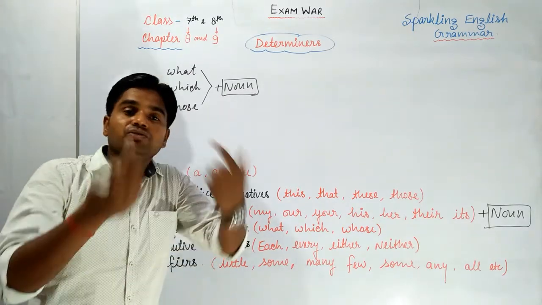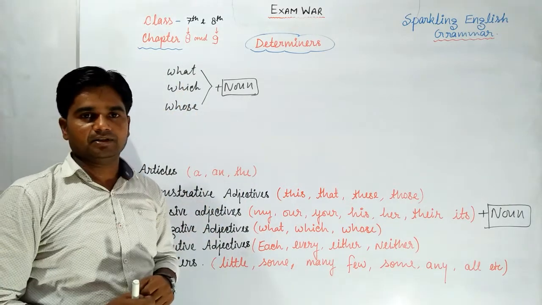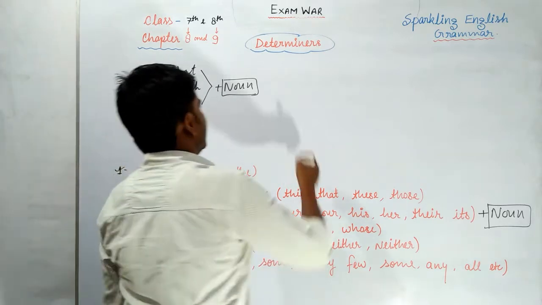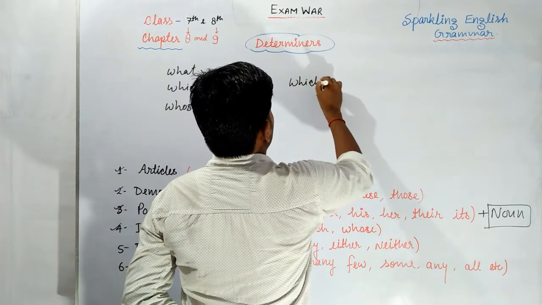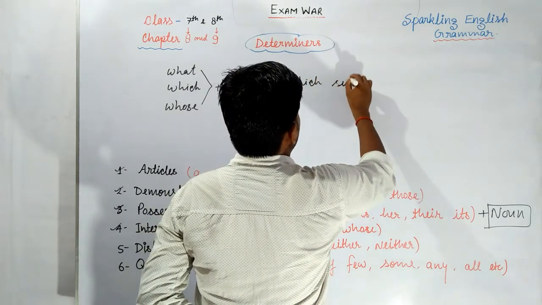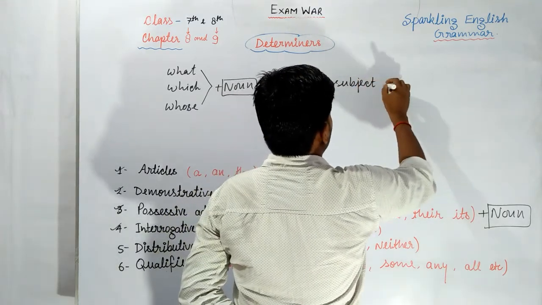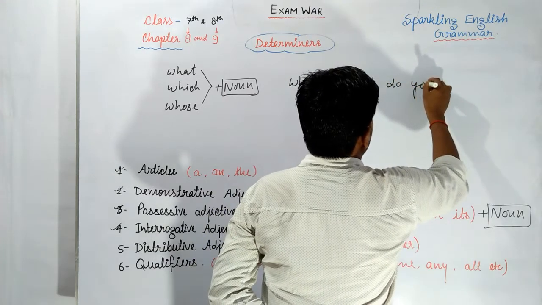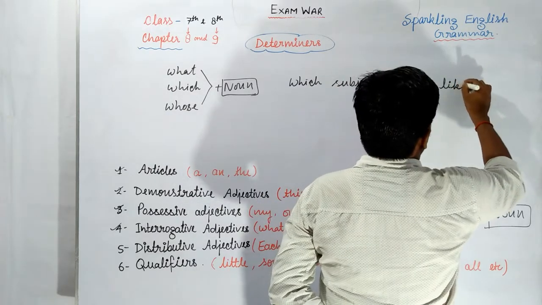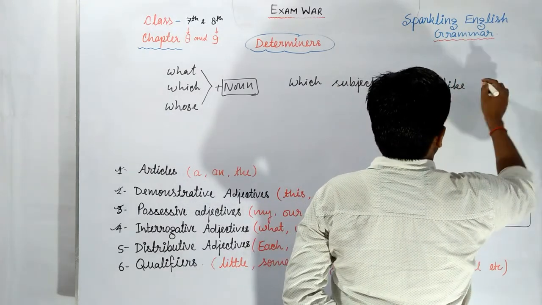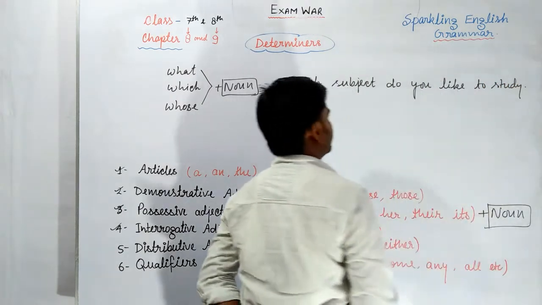And if we are not using any noun just before these words, then they are not interrogative adjectives. Let's have one example. If I say, "Which subject do you like to study or like the most?"